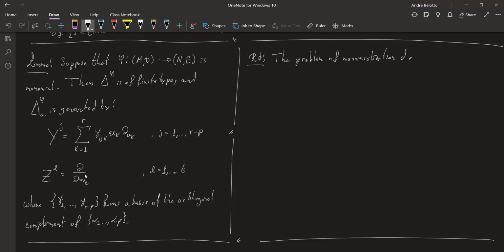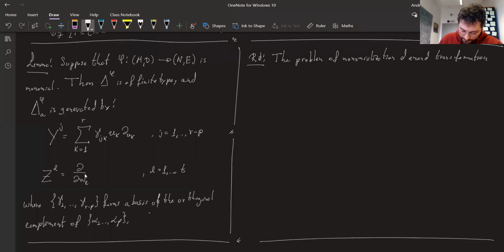Sorry, André? Yes. So you gave only one index for the gamma j between the brackets. So I take it's gamma 1k to gamma r minus p k, which form a basis. And so does it mean also that we can pick them independent of k? Yeah, they don't depend. Sorry, maybe I should have been clear.